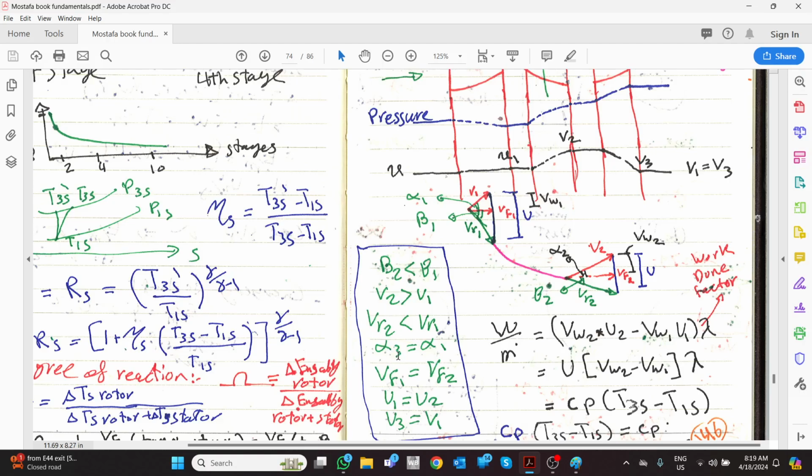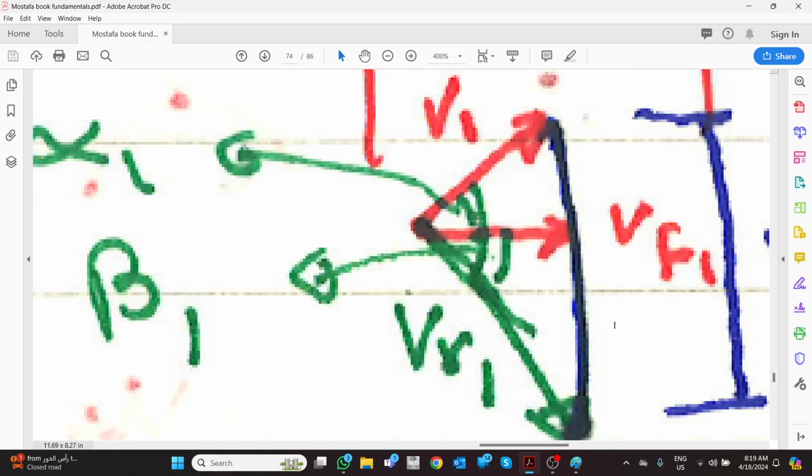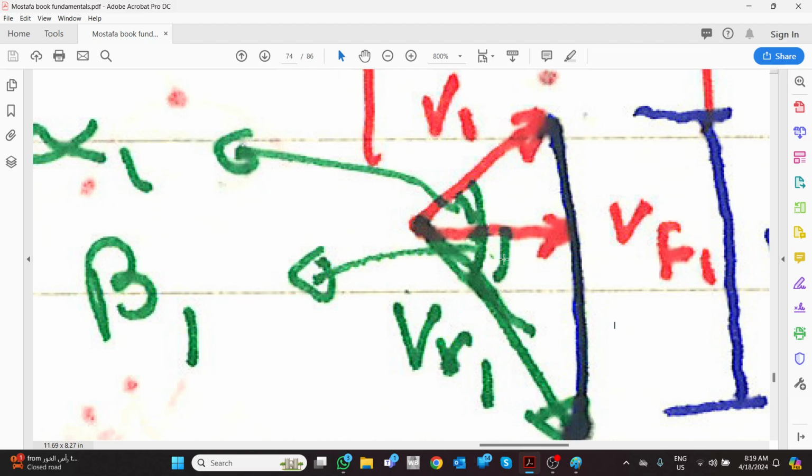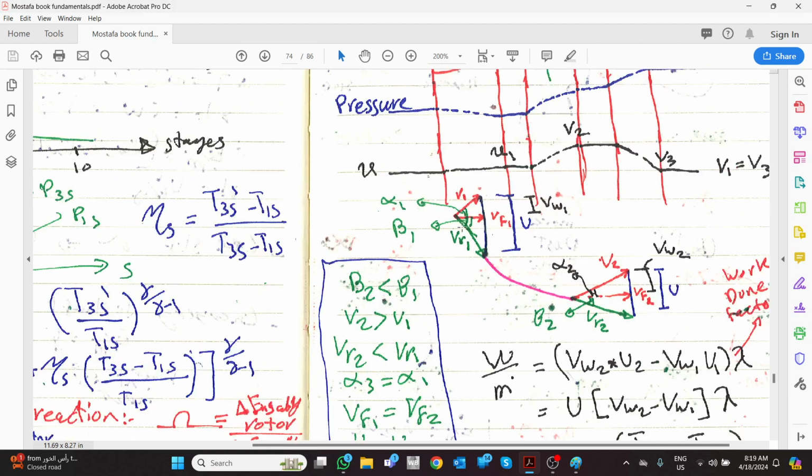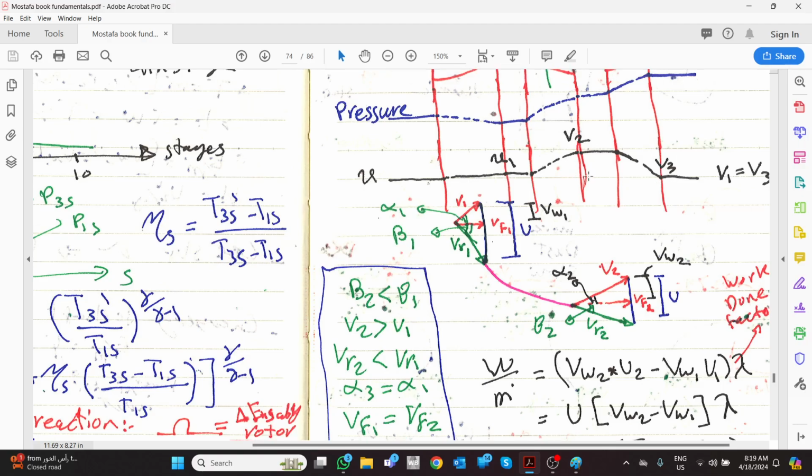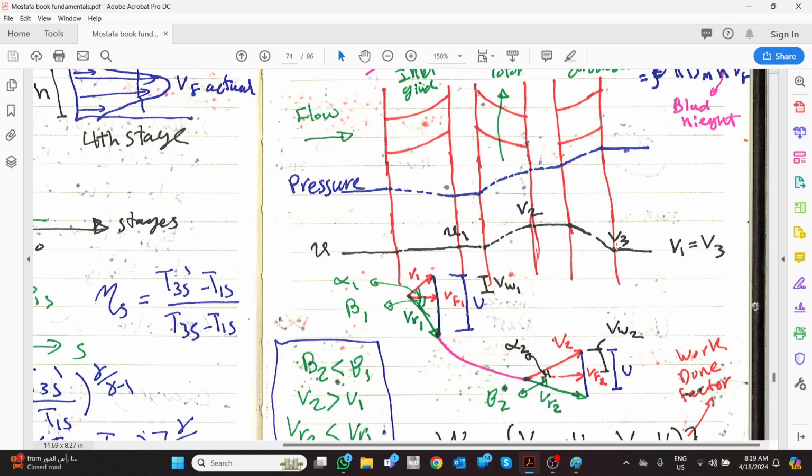Beta, or because alpha is 90 plus beta, you see, this is alpha, this is beta. So alpha here equals alpha here, or beta here should equal beta here at 3, yeah? Not 2, 2 is different. But 1 and 3 should remain the same in magnitude.